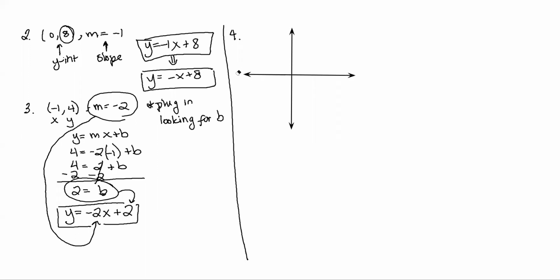All right, so this graph's a little big, but we're given the following line, and we're not told any information, so we're going to need to find our slope and y-intercept.